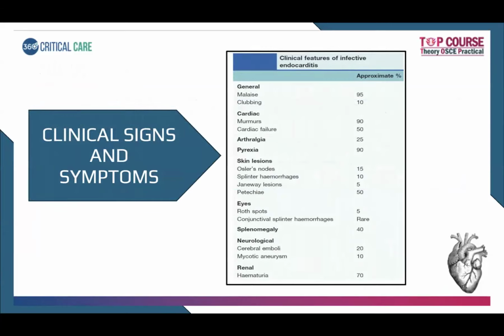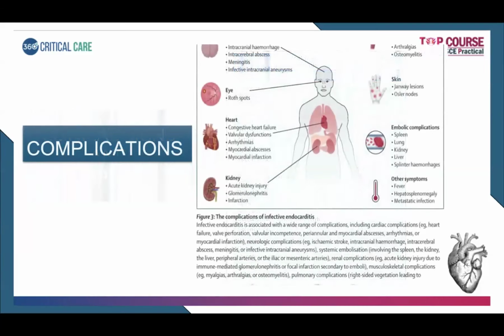And on examination, there could be fever, arthralgia, skin lesions, cardiac murmurs, Roth spots, hematuria, which are all complications of infective endocarditis, end organ embolic phenomena. As I told you, they can present with various clinical features, just constitutional symptoms or vascular or immunological phenomena, based on the underlying clinical condition.